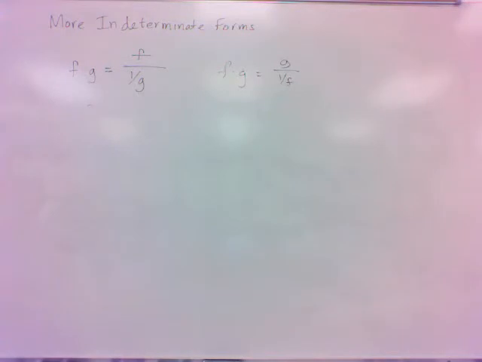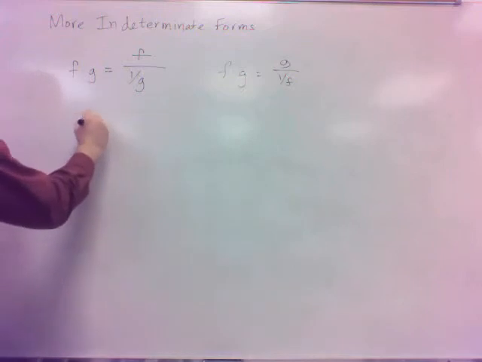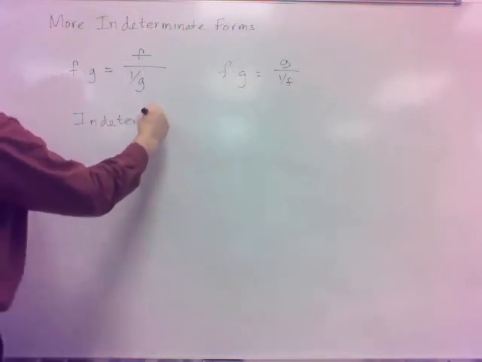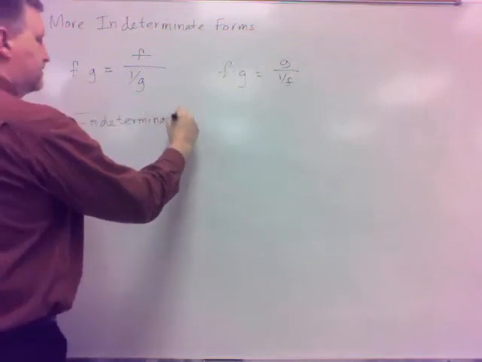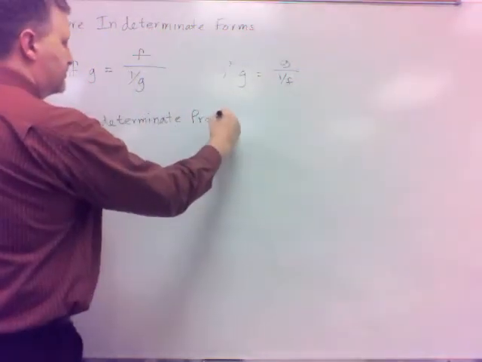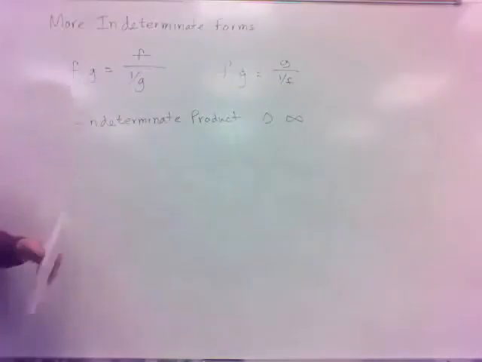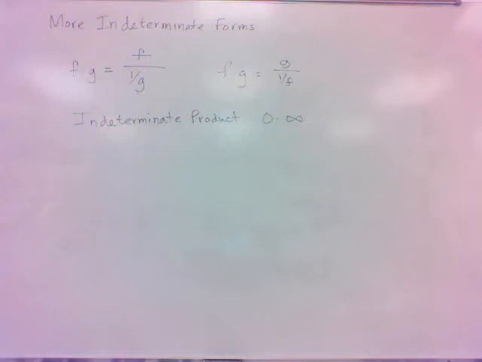Turns out that if you have an indeterminate product, 0 times infinity, we're going to utilize our little change right there, change f times g to something else. But it's 0 times infinity.